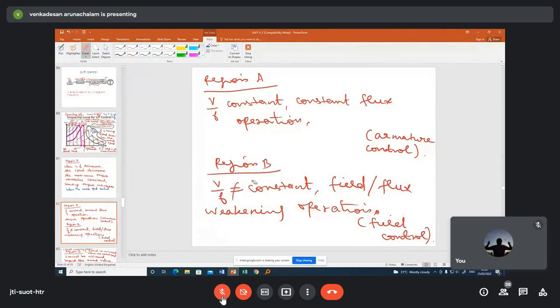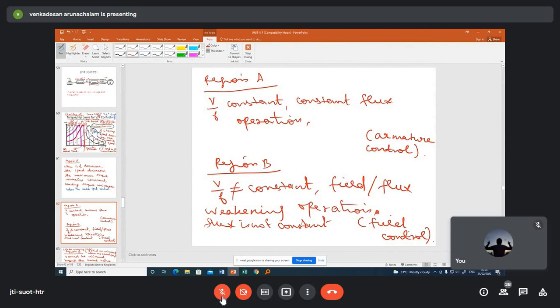In region B, V by F is not constant, it is not possible. So here flux is not constant. This region is sometimes called the field weakening region or flux weakening region.